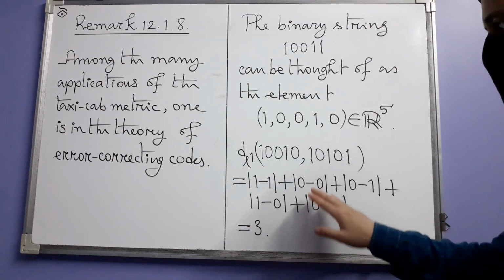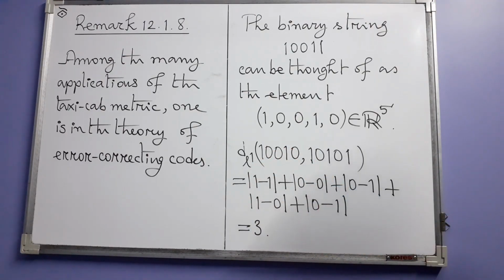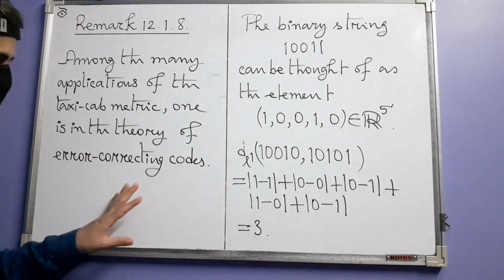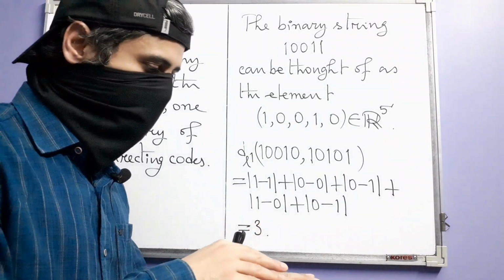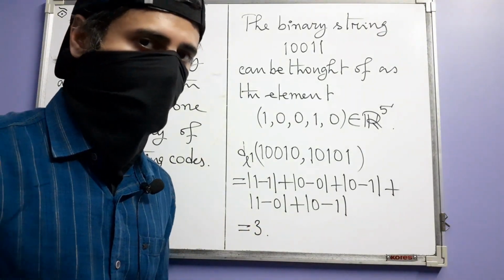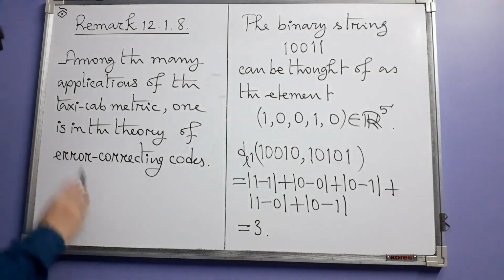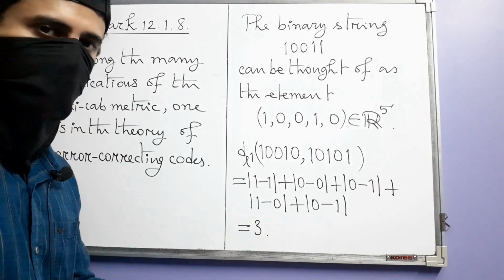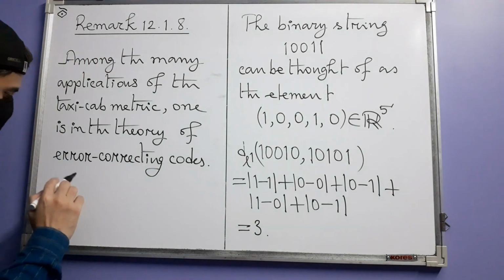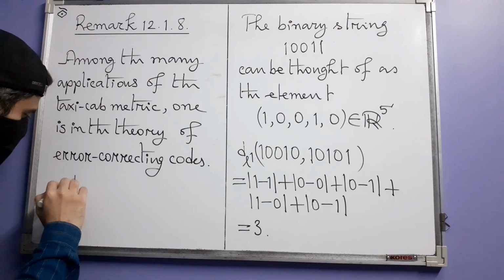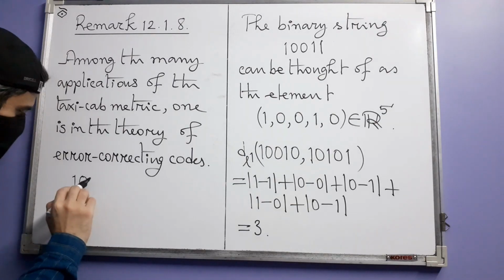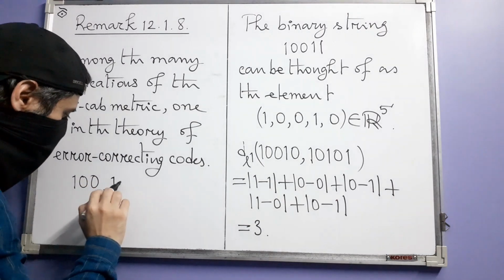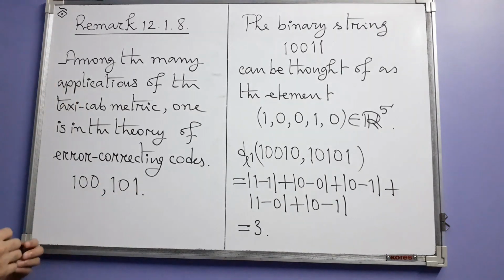Now the role that the taxicab metric plays here is this. First of all, whenever you want to put something on your computer, it has to be transformed into these binary strings, using some kind of scheme. Say you get these 2 binary strings. For the sake of simplicity, let me just consider 3 bits, 1 0 1.